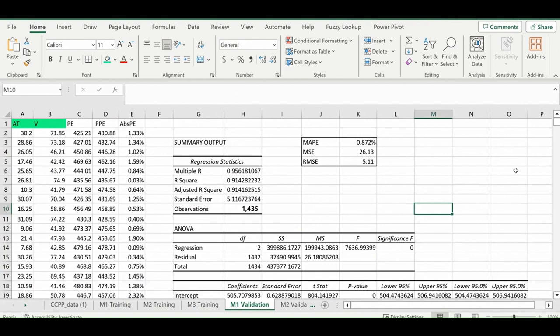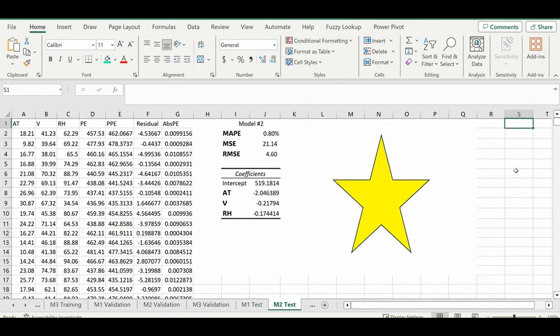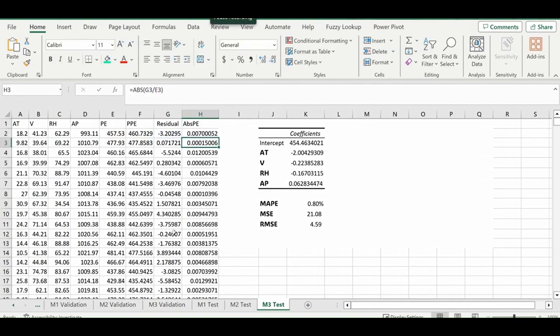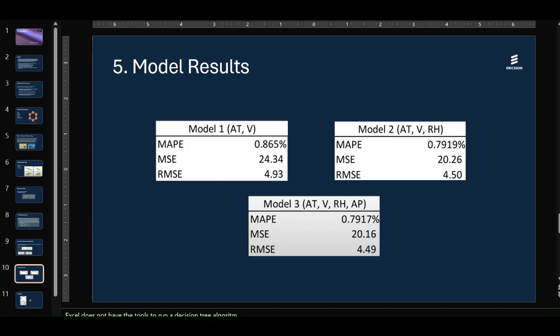And onto our validation set and finally our test data. We take our algorithm and deploy it here, and calculate our residual and our absolute percent error. So from our matrix, we can see that models 2 and 3 have outperformed model 1, with an average percentage error of around 0.79%.